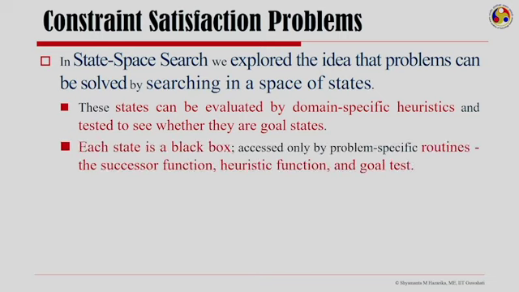Most of these states that we have looked at in problem solving as state space search, we can think of each state as a black box, which is assessed only by problem specific routines: the successor function, the heuristic function, and the goal test.